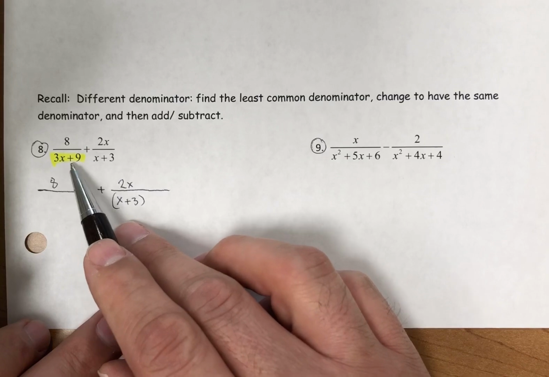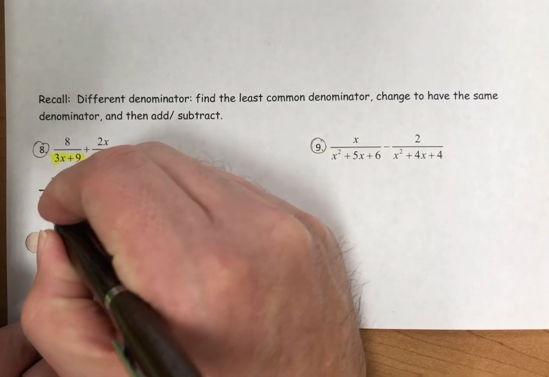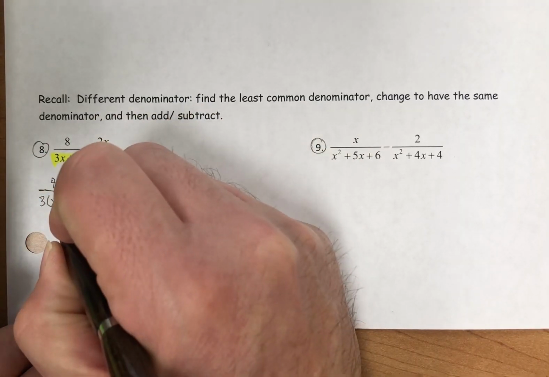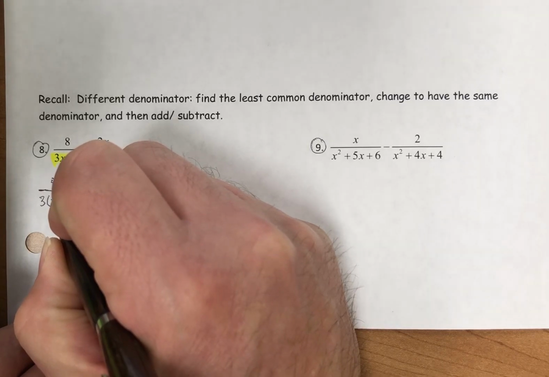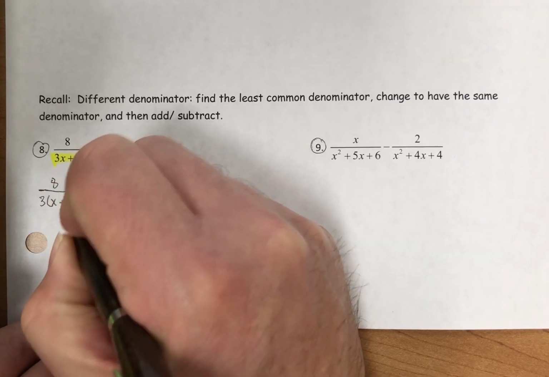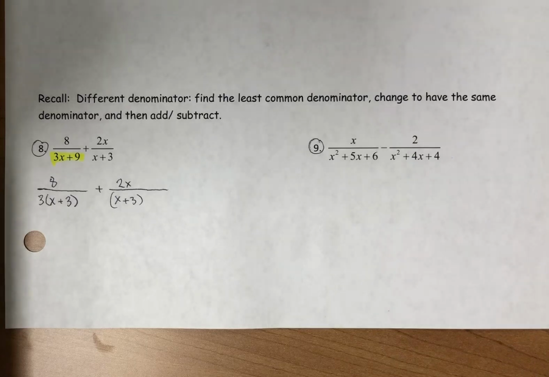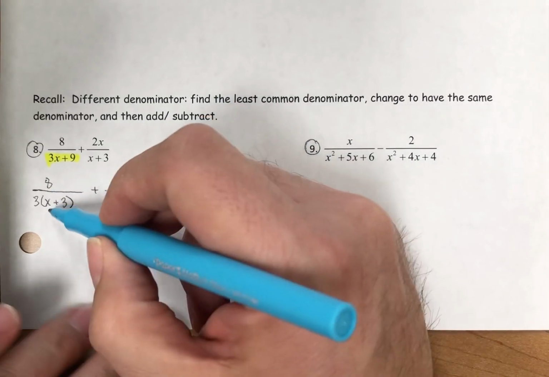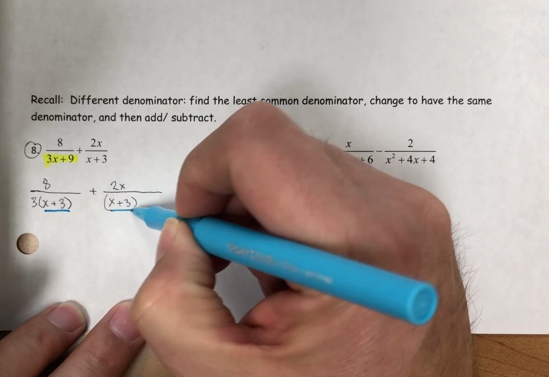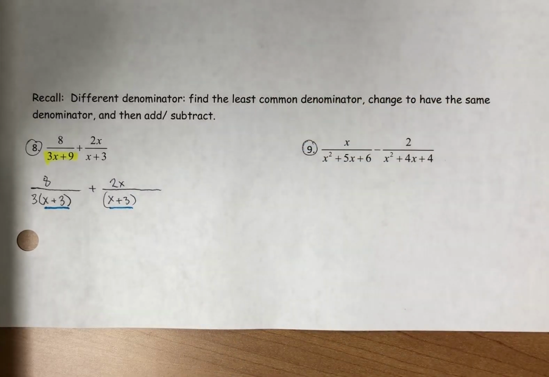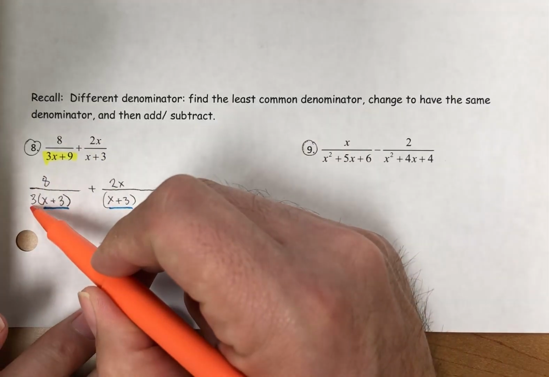I can take a GCF of 3 out of this, and that becomes 3 times the quantity of x plus 3. Okay, and so now I need to make a common denominator. So I look at both fractions and ask myself what's already common. The thing that's already common is this factor of x plus 3. So I don't need to change anything in that aspect. What I do need to change is the thing that's not common.